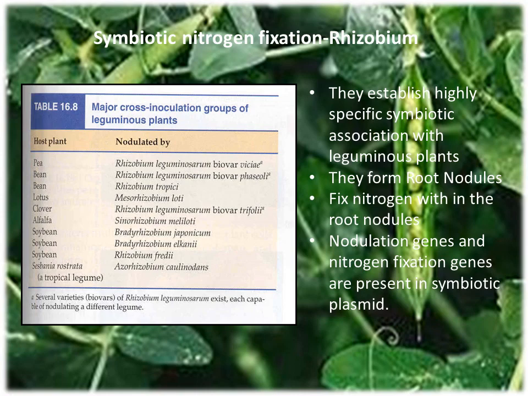They are highly specific for symbiotic association and produce root nodules in leguminous plants, and they can fix atmospheric nitrogen only inside the root nodules, because root nodule formation is highly important for nitrogenase activity.